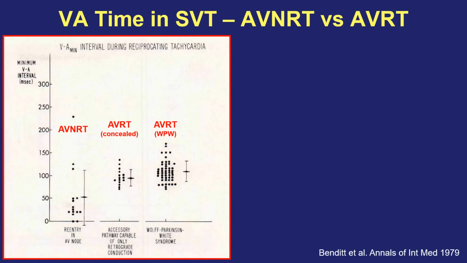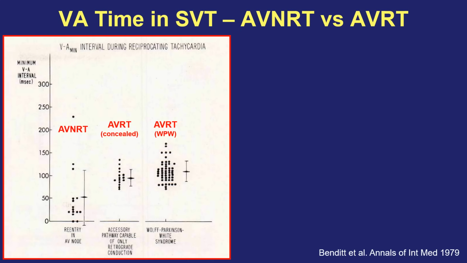And they found, as you can see in the graph here, looking at the minimum VA interval during tachycardia, that there was a clustering of shorter VA intervals in AV-NRT with some long ones. Those are, by the way, AV-NRT going around in the opposite direction. But notice that the AVRT had a minimum VA interval that was necessary for the Purkinje fiber to conduct across ventricular muscle and up the accessory pathway.